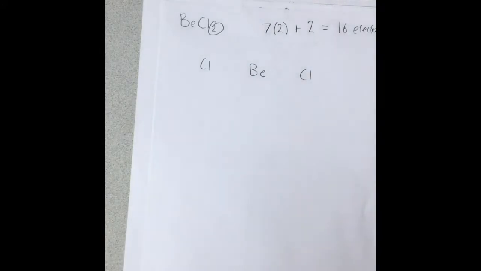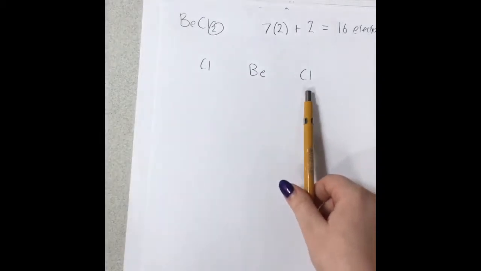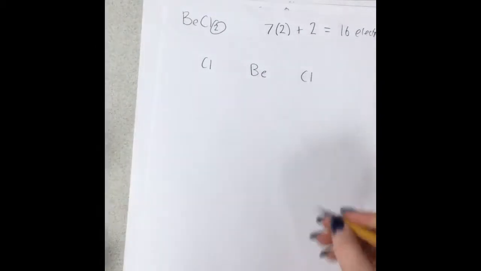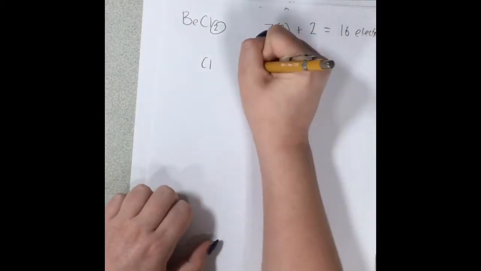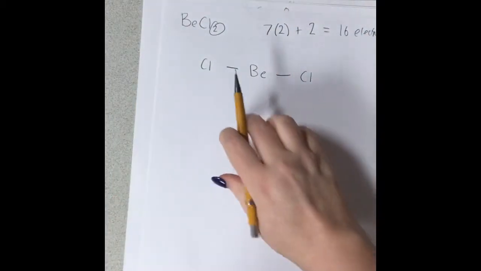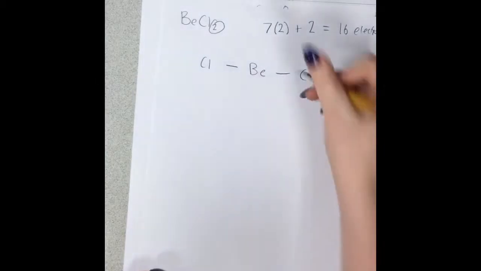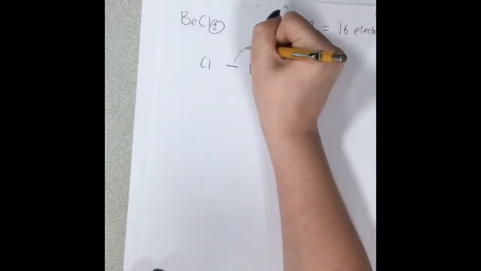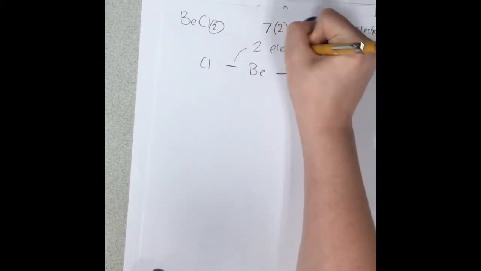Now we must try to give all the atoms octets, starting with the outside atoms. First we're going to put our shared electrons. We have to remember that each of these bonds is 2 electrons.